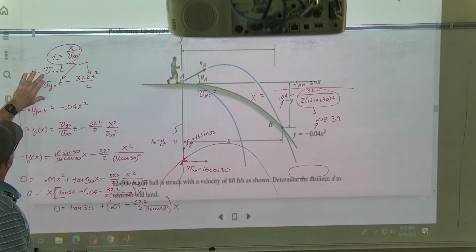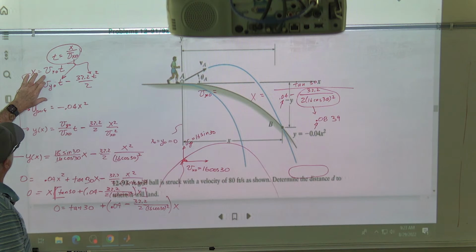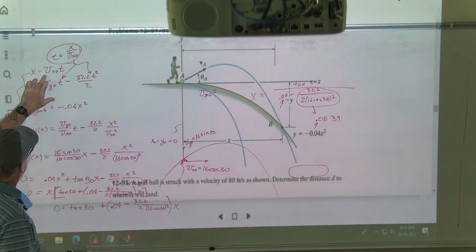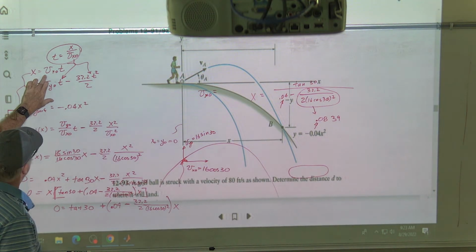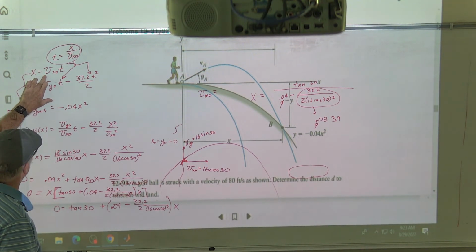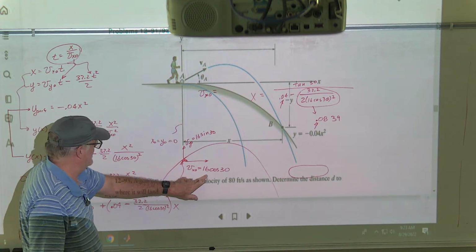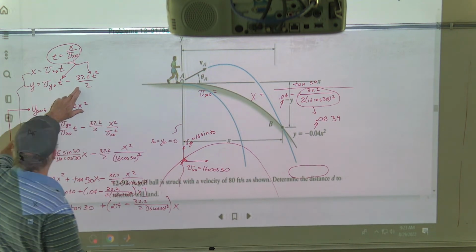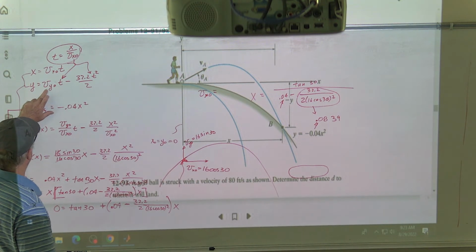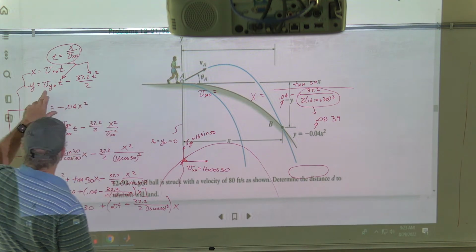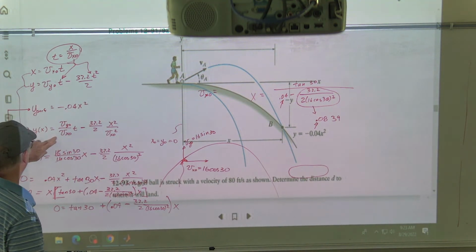So then I have Vx naught. Did I have my Vx naught correct? 16 lifted off. Cosine, I guess it was 30. Oh, here it is. Cosine 30. Then the Vy naught would be sine of 30. So I got that far.